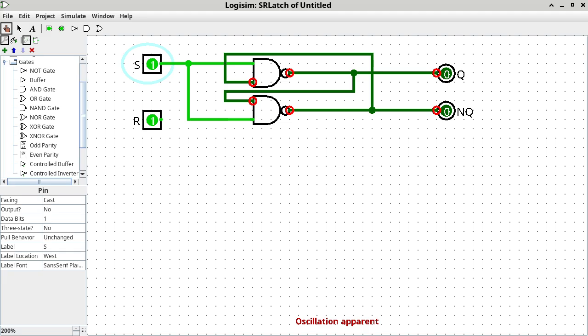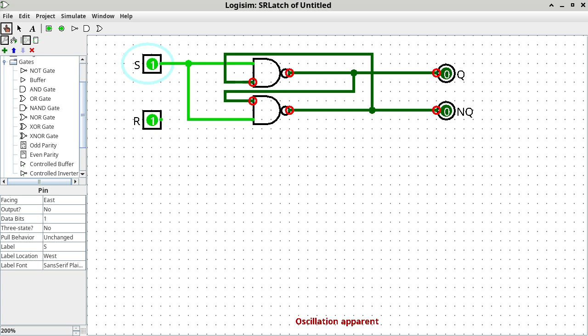But it doesn't do the same thing that we did earlier, which is step by step tracing and understanding how the internal state of all of these components are changing when it's going through the oscillation. So Logisim can tell you what happens, but it cannot explain to you why it happens.